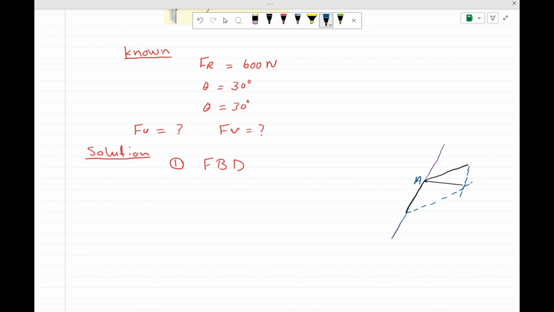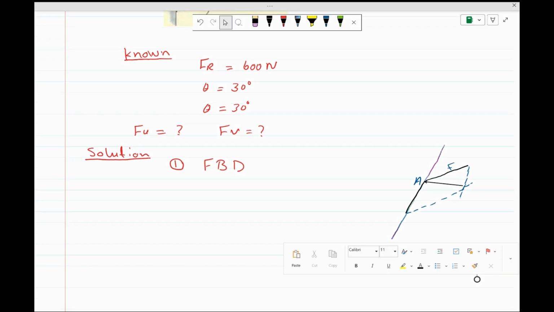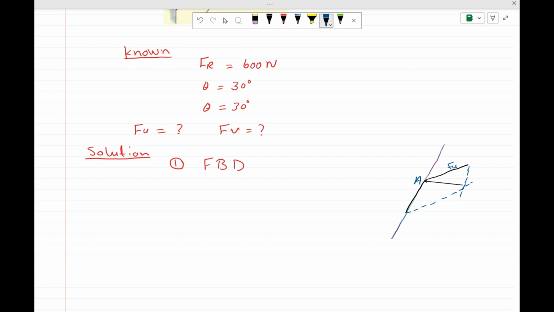Let's call this point A. This one here is going to be Fu dash, and this one here is going to be Fv dash. I know this theta here is given to me, it's 30 degrees, and this one here also is 30 degrees. This is pretty much everything.